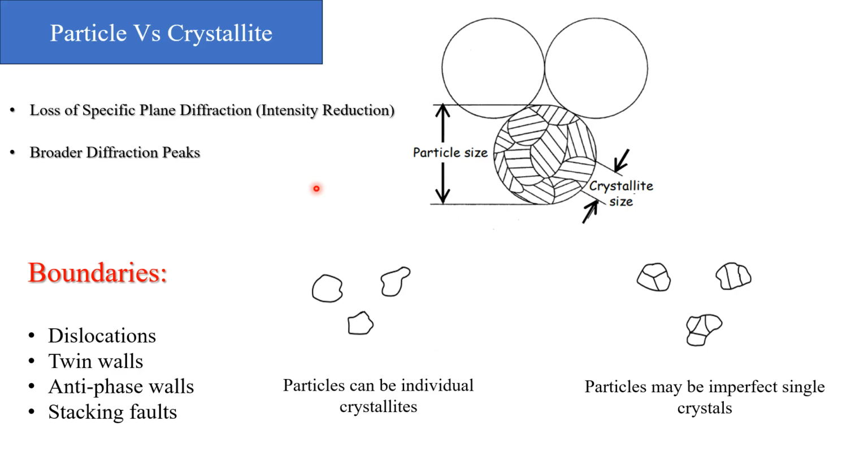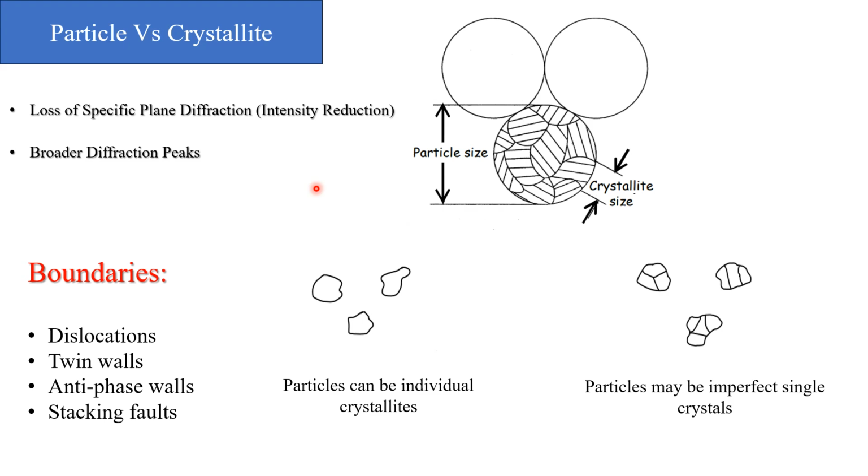When the particles are formed of individual crystallites, we can say that particle size is equal to individual crystal size. But when there is an imperfection, or the particles are formed of imperfect single crystals, we can tell that particle size is larger than single crystals.